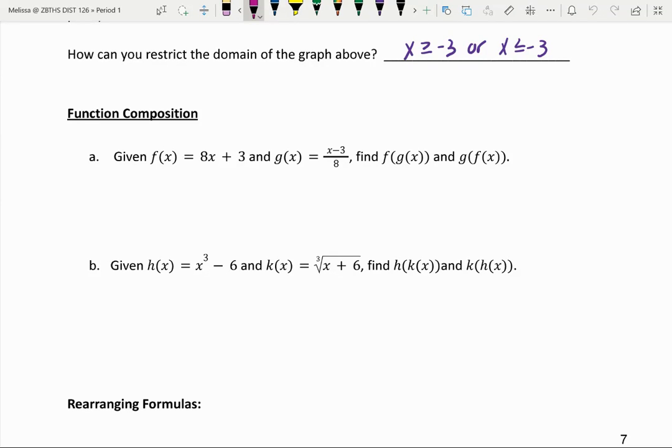What we're going to be doing is substituting one equation into the other one, and then we're going to do it the other way, and the result is going to tell us whether or not the two functions are inverses of each other.